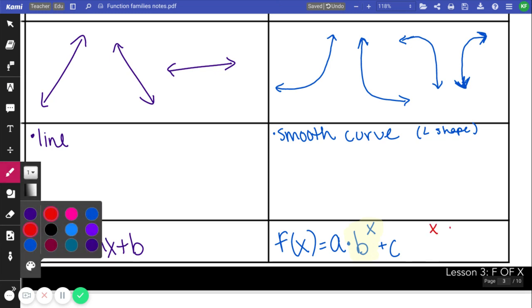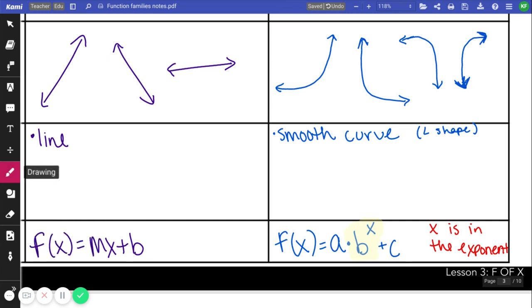So we're going to make a note of that over here as well. X is in the exponent. That's what makes it an exponential function. So that's the most important thing you're looking for in an equation to determine whether it's an exponential function or whether it fits in a different function family.